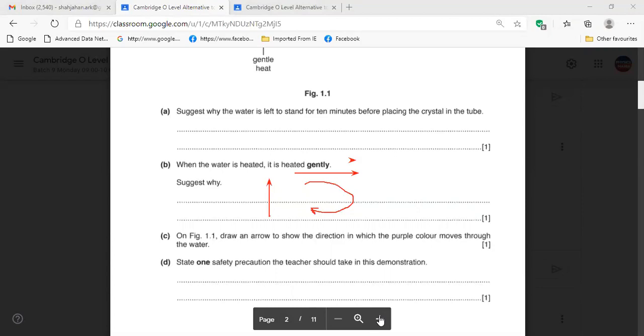Normally, these are hot things, right? So to handle this type of hot thing, we have to use gloves. This is one point. Another thing is to protect our eyes, because with too much heat there might be an explosion in the tube, an accident.